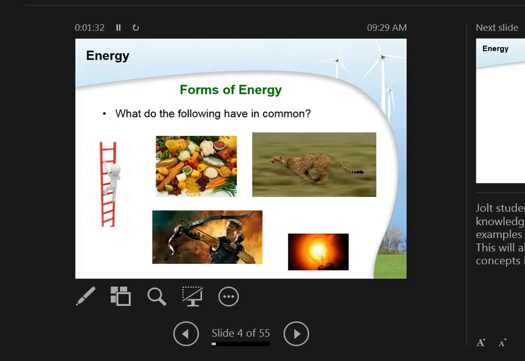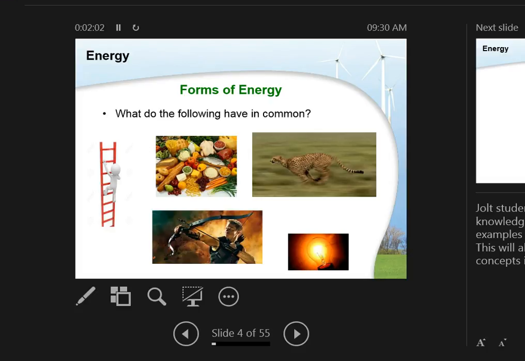In our body, we can convert that to the different kinds of energy we require for daily life. What do you think Hawkeye is doing over here? Elastic potential energy. As he stretches his bow, he's storing up elastic potential energy so that when he fires, the energy can be converted into kinetic energy in the arrow.